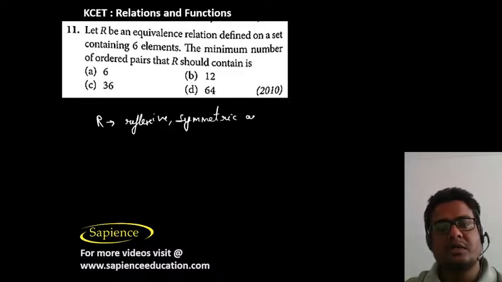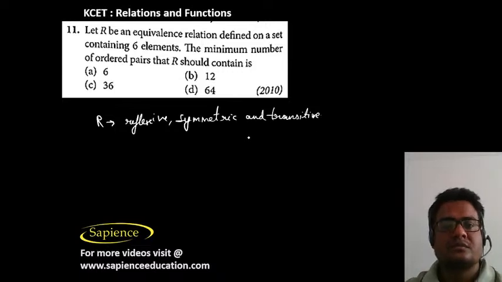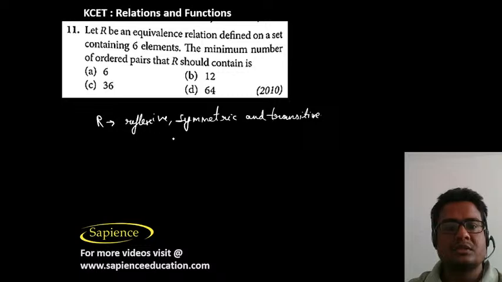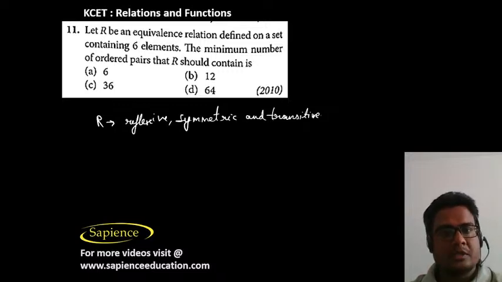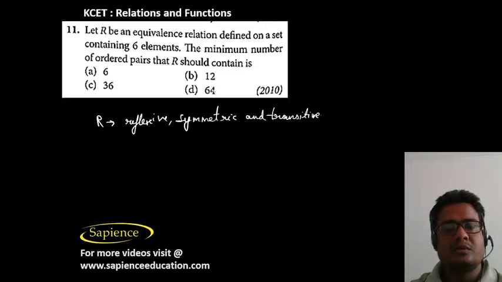Then it is called an equivalence relation. And R is an equivalence relation defined on a set containing 6 elements. Then the minimum number of ordered pairs that R should contain.